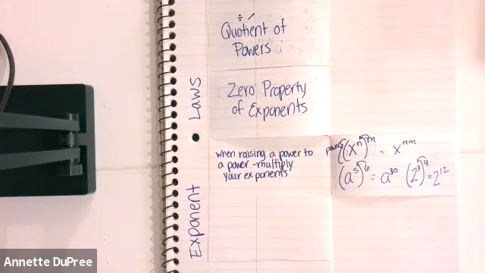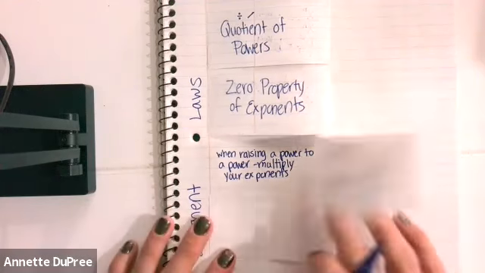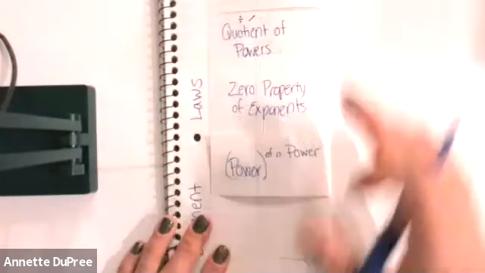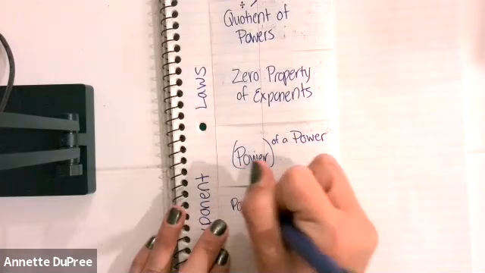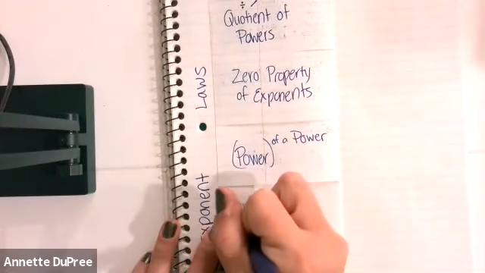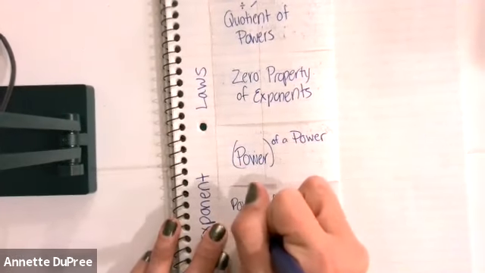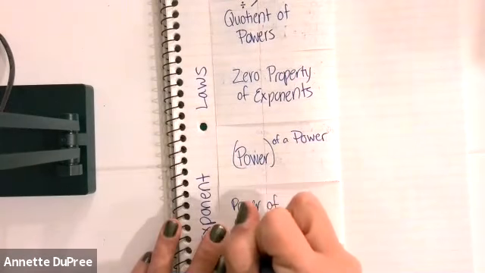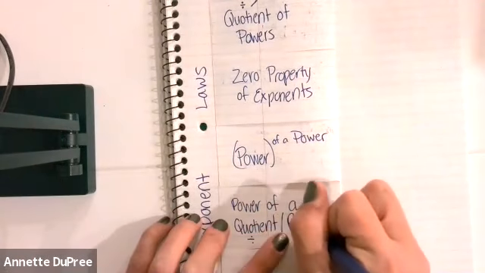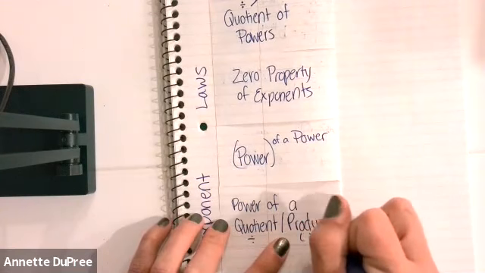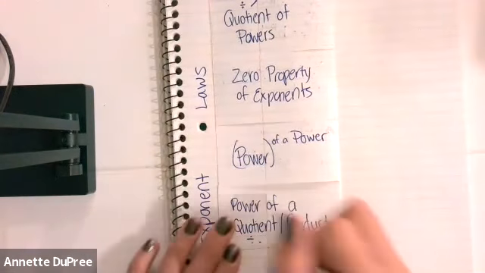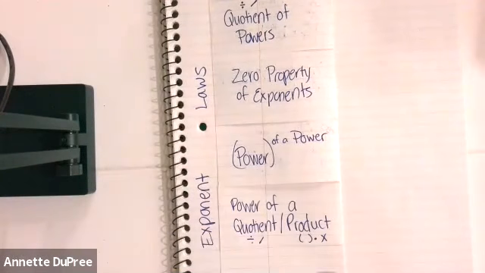All right, our next rule is built on these rules, and that's the power of a quotient, which we know is division, or product, which we know is multiplication. Again, I'm doing parentheses for all three symbols. What does that rule say?